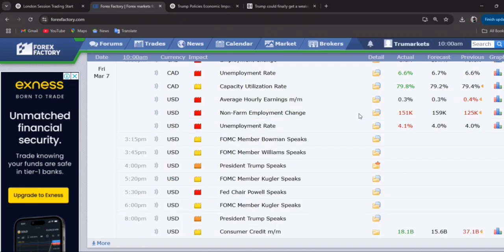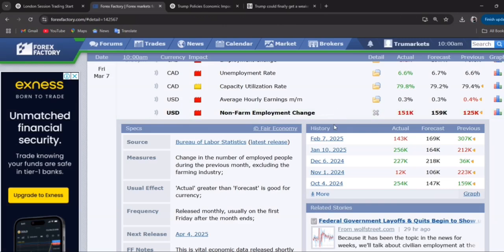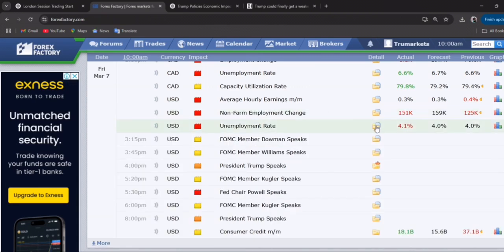So now let's look at the non-farm employment change, which tells us that actual greater than the forecast is good for the currency. Meanwhile, the actual is 151k and the forecast is 159k, which tells us that it's bad for the United States dollar, right? So this is going to affect the value of the dollar in the market, and it's telling us that the value of the United States dollar is about to fall. The same thing here.